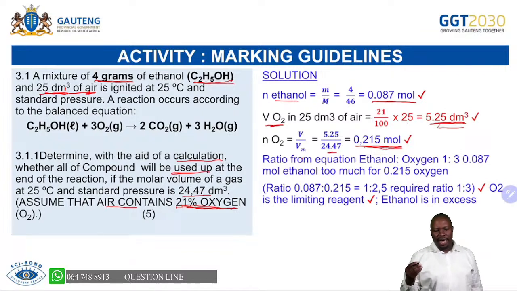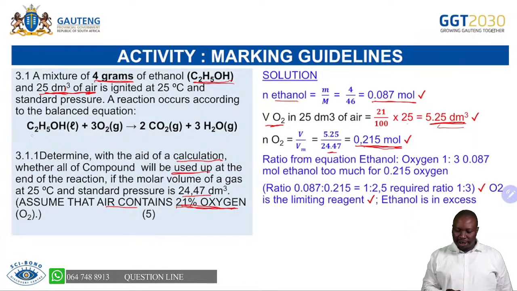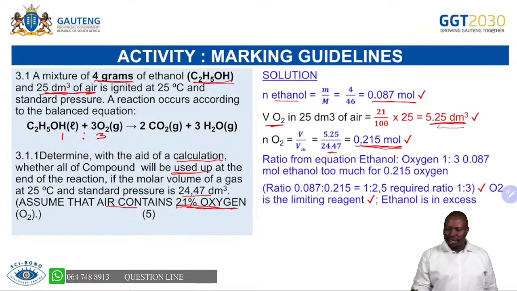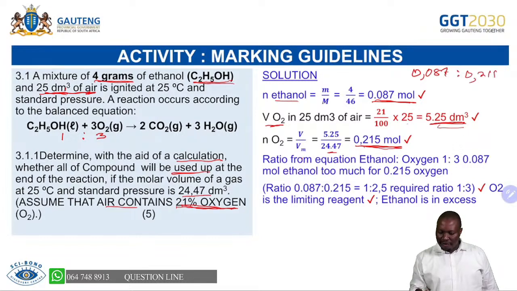So what you will do here, you are going to say, okay, according to the reaction, it is 1:3. 1 mole of ethanol reacts with 3 moles of oxygen, which means in this case, we're saying 0,087. This answer here, 0,087 is to 0,215.